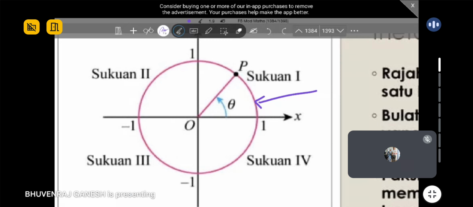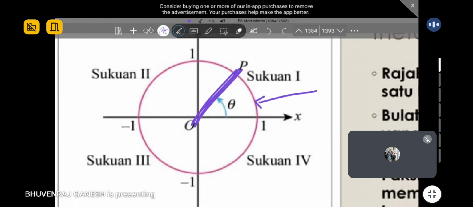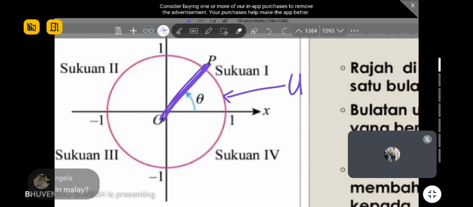Ada satu perkataan yang kamu belajar untuk bulatan di mana jejari dia adalah 1. There is a term where the radius of the circle is 1. So what is that type of circle? Anyone know? Mula dengan perkataan U for English. No, not tangent. Start with U. Malay also same word. Sama sahaja.